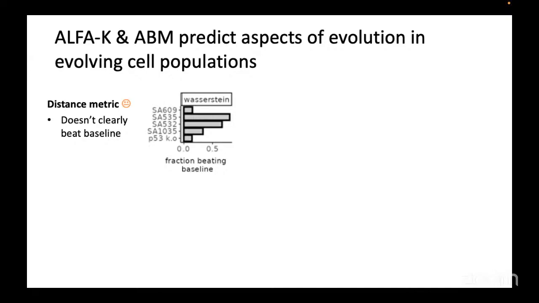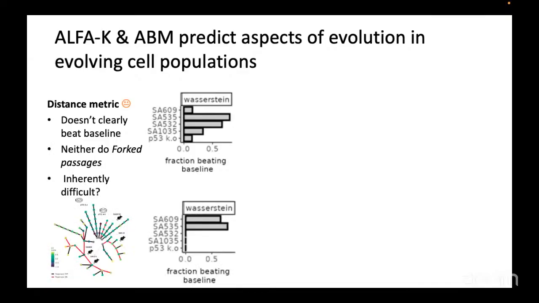But what I found quite interesting is if we look at the forked passages, so these are two sort of sibling passages with the same ancestor. And if we apply the distance metric to those passages, these don't really convincingly beat the baseline either. So what that's saying is essentially like siblings are further apart than sibling parent distance. So maybe this is inherently difficult, or perhaps the metric could be reevaluated.